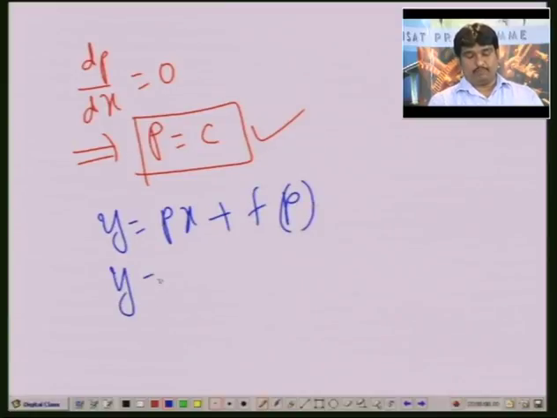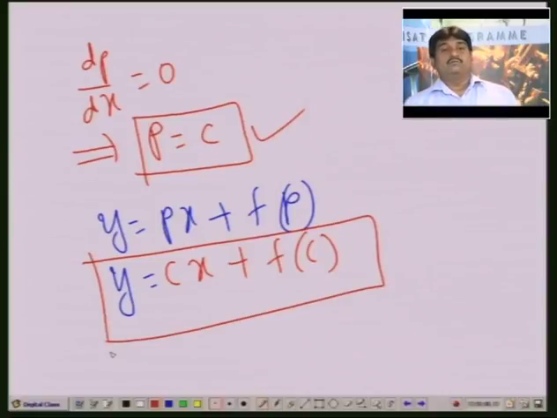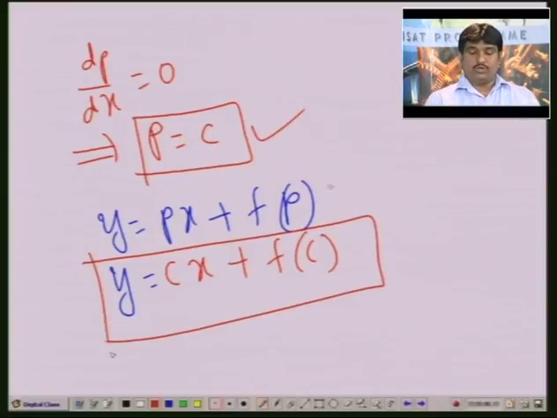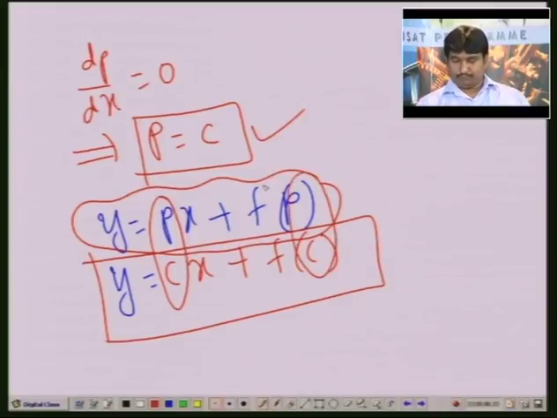So, in place of p you write c, so it is cx plus f of c. Therefore, the general solution of Clairaut's differential equation is obtained by just replacing p by c as shown here.